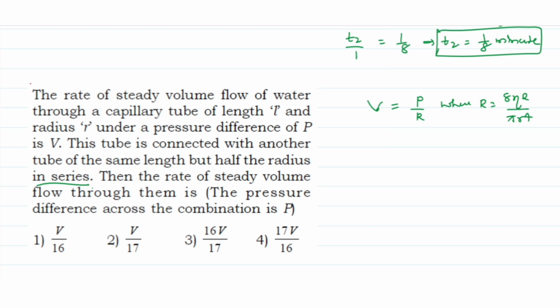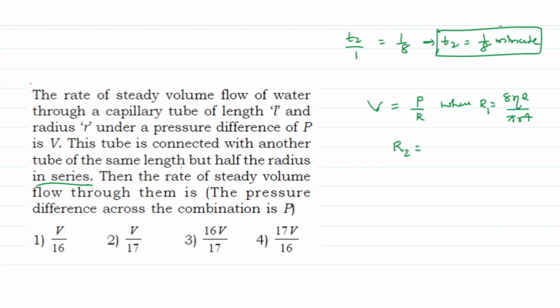Now this tube is connected with another tube of the same length but half of the radius in series. So when you connect in series, what is the other resistance value? Let us take R1 and R2; first you have to calculate.